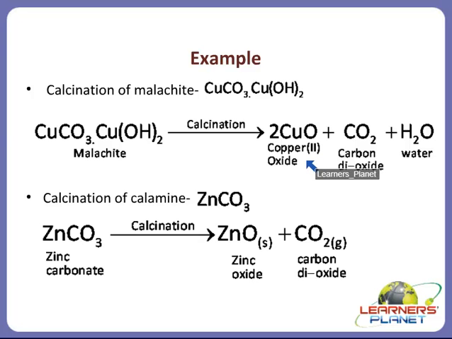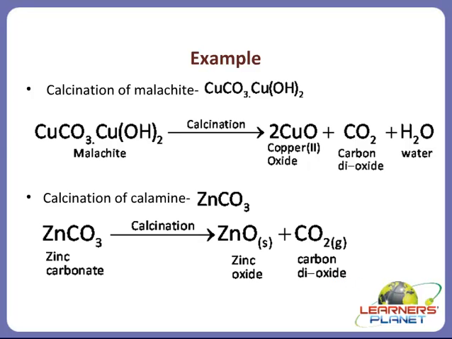So this is a process to convert metal ores or metal compounds to their respective oxides. Likewise, the calcination of calamine, that is zinc carbonate. Zinc carbonate is heated in the absence of air again, and we get zinc oxide and carbon dioxide.